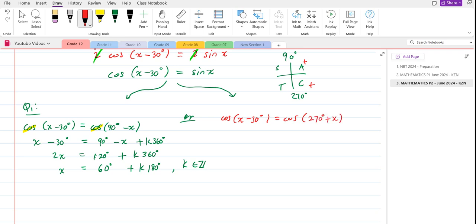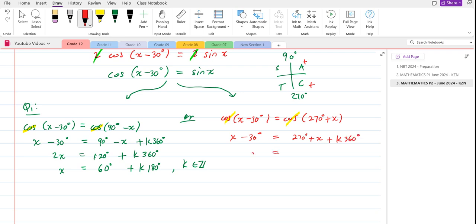Now how this works, cos of 270 plus x, it will change to co-ratio because cos is positive in the fourth quadrant and cos becomes sin x. So that's right. So dropping the cos on both sides, x minus 30 is equal to 270 plus x plus K360.